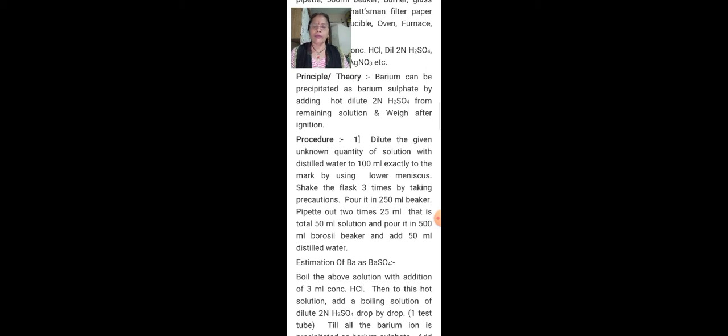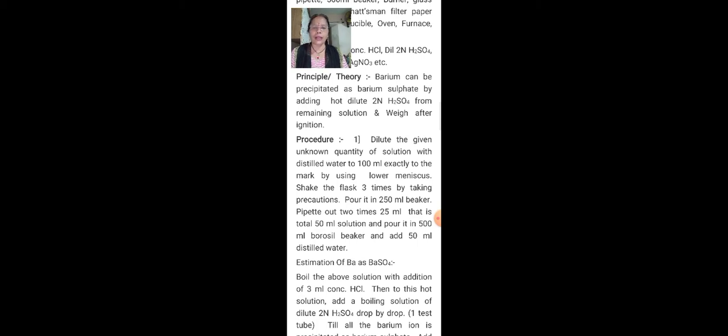We use the borosil beaker because it is of a standard that will not break or crack, and our practical will run in a proper manner. So we take the borosil beaker of 500 ml and pour the 50 ml diluted solution into it by means of the pipette.